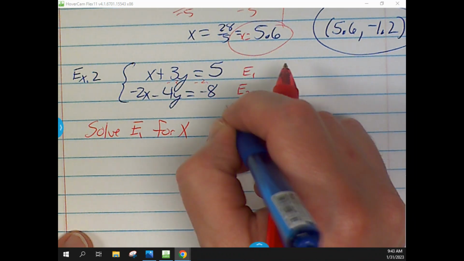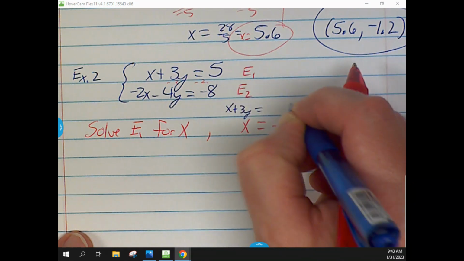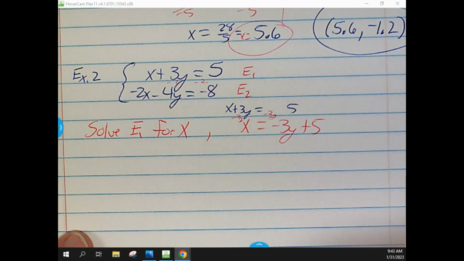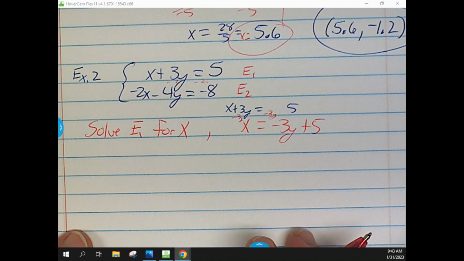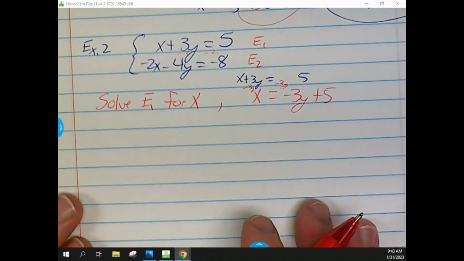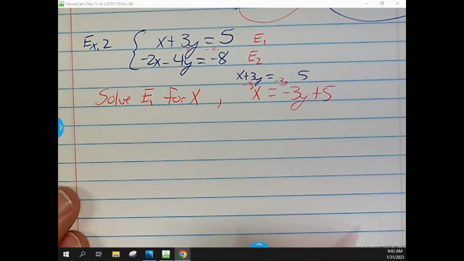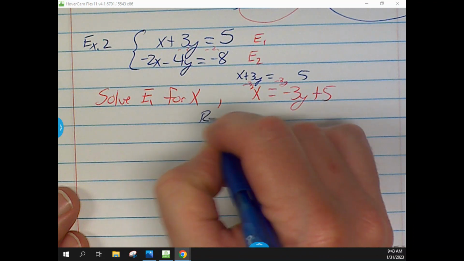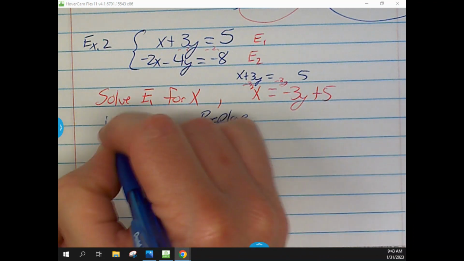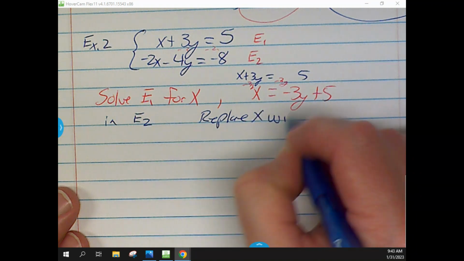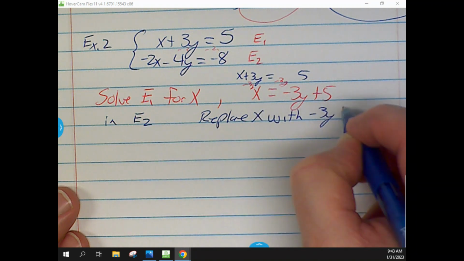So if we've got x plus 3y equals 5, we're just going to subtract 3y from both sides. And we got x equals negative 3y plus 5. Okay, so if this came out of equation 1, in equation 2, we're going to replace x with negative 3y plus 5.